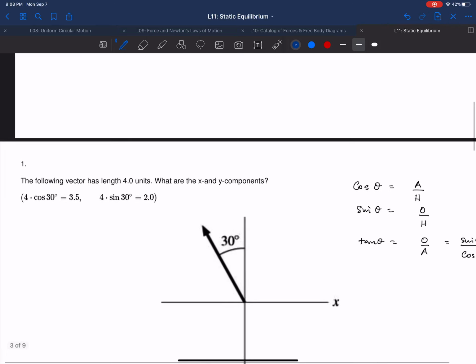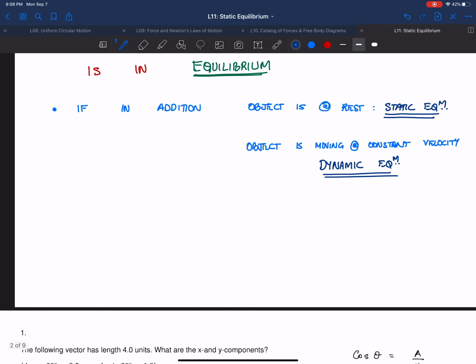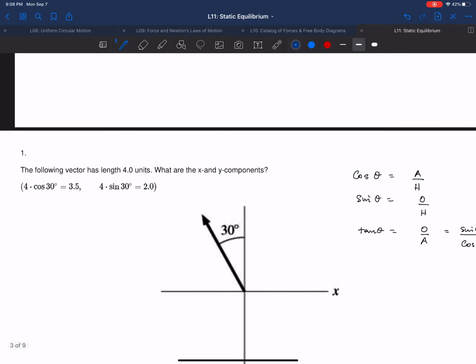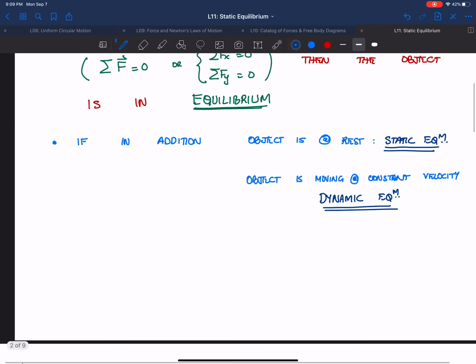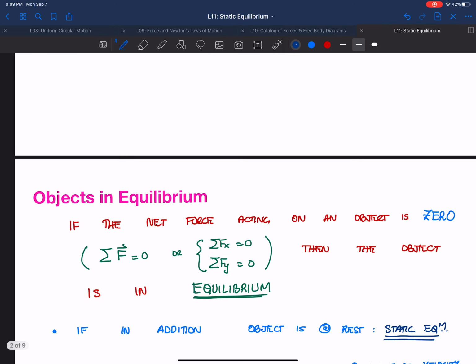Now, how do we apply Newton's laws and everything that we have talked about so far, free body diagrams and identifying the forces in problems? Well, before we get to that, I need to say one thing. When we talk about the net force, we are talking about the x component of the net force and the y component.